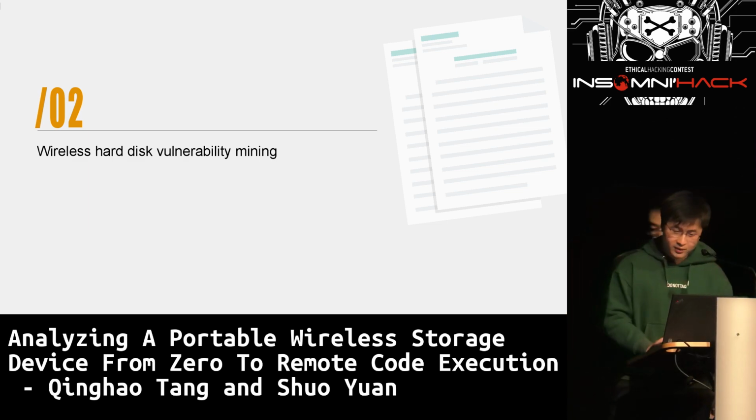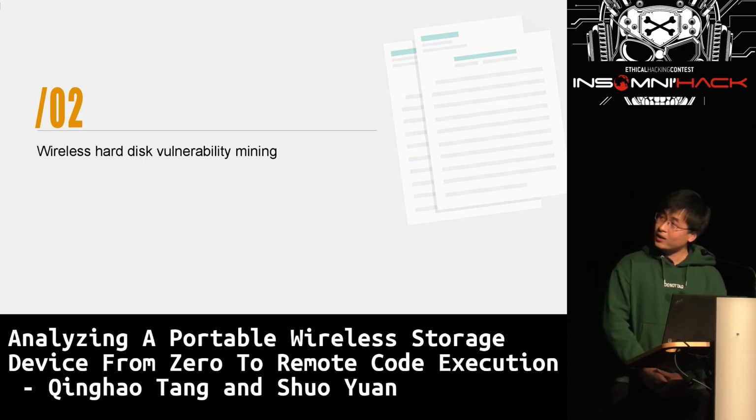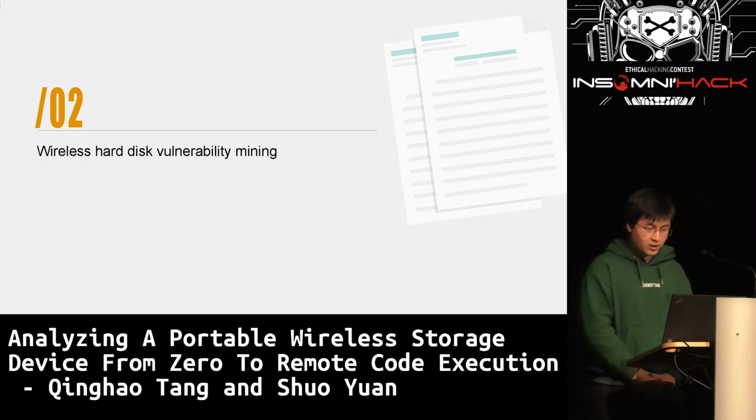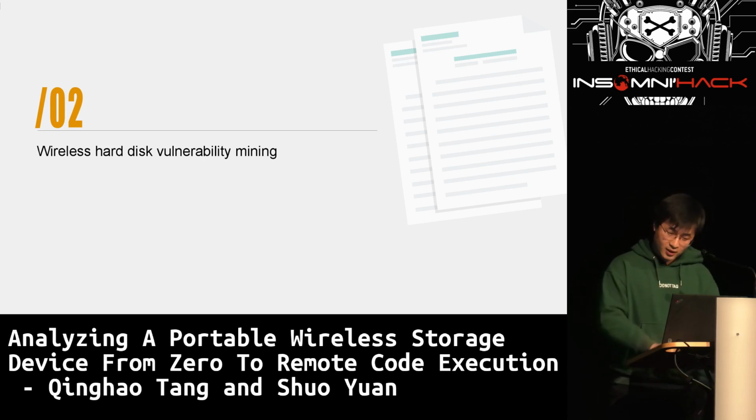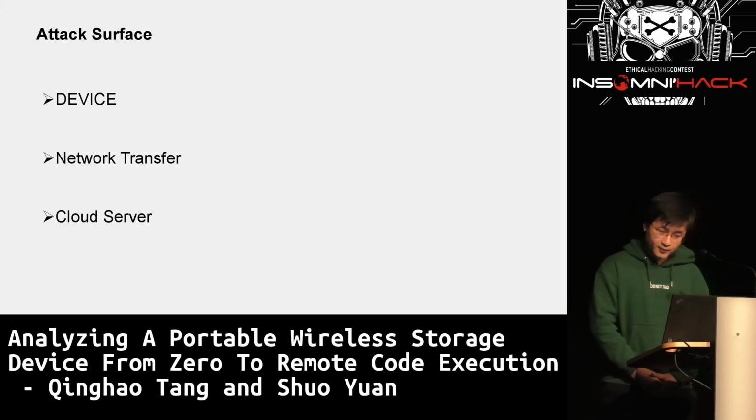Hello. The second part is the introduction of wireless hard disk vulnerability mining, including from which aspects we mine for vulnerabilities. The first is the attack surface of the device.